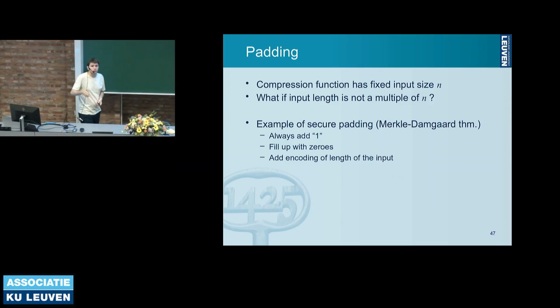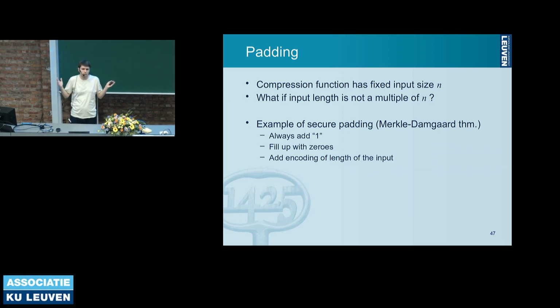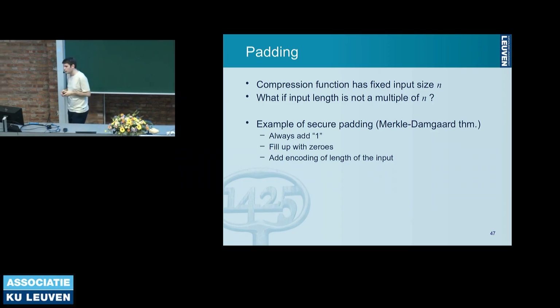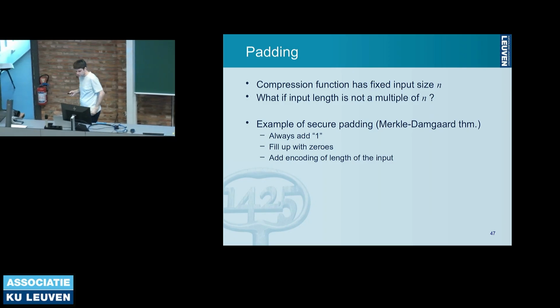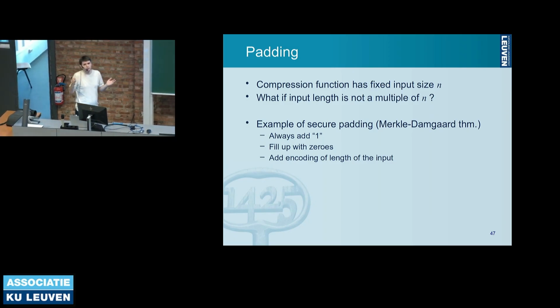One subtle issue is that our message can be an arbitrary number of bits, but we need to split it into blocks. How do you do this when the number of bits is not a multiple of the block size? Then you need to use padding. You could think, just add zeros, but if you do that, how do you distinguish between a message that actually ends in zeros and one that was padded?